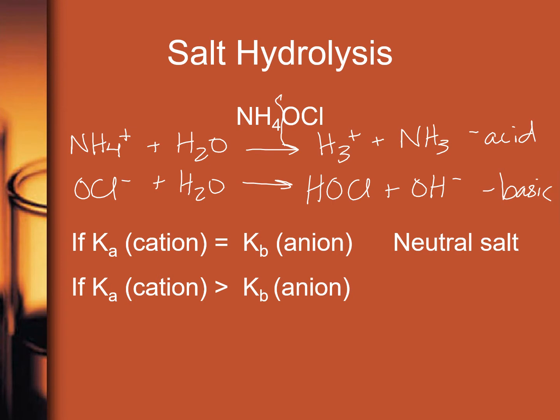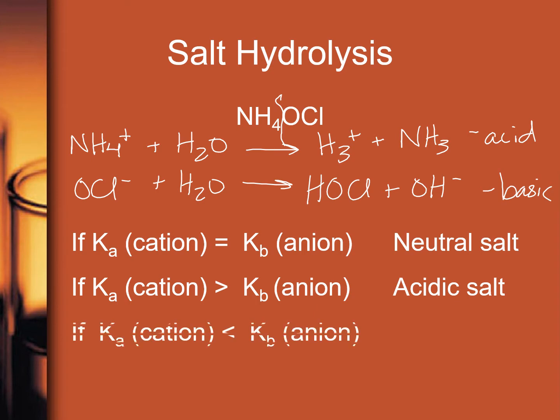If the Ka value is greater than the Kb value, it is going to be an acidic salt because the acid is going to be stronger. If the Ka is less than Kb, Kb is greater, therefore it is basic. And if this is the case, you will have Ka or Kb values given to you to reference to tell if it's acidic or basic.